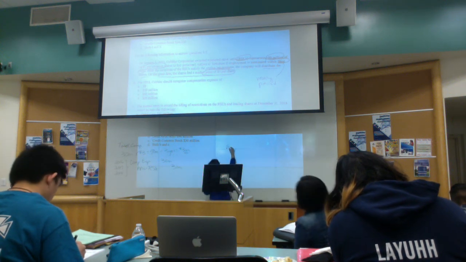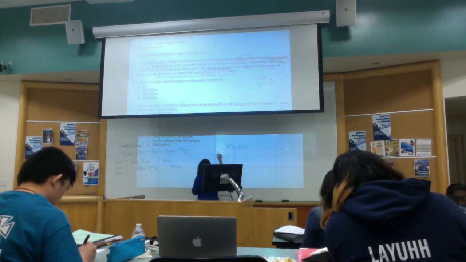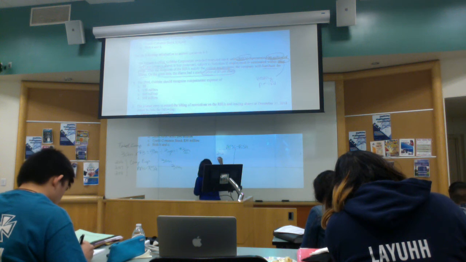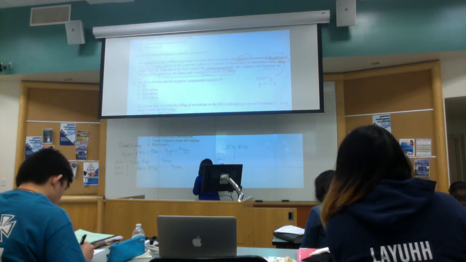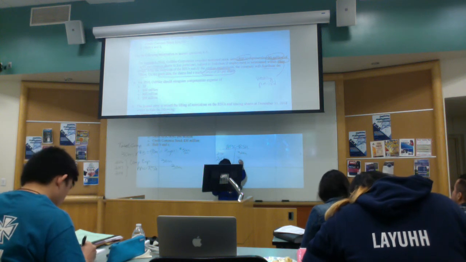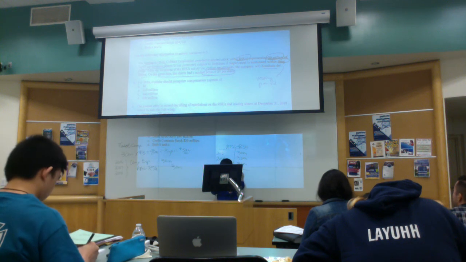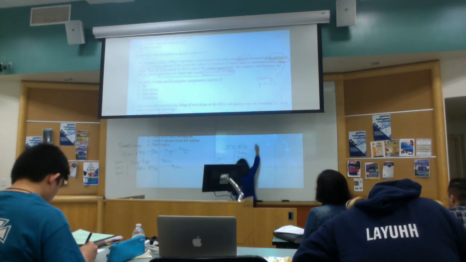So now it's APIC RSU: 2016, 2017, 2018. So 30 million, 30 million, 30 million. So this is 90 million.